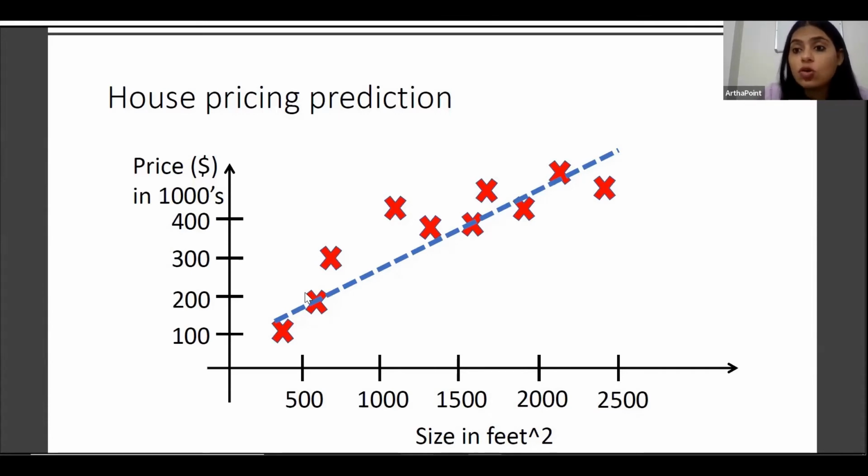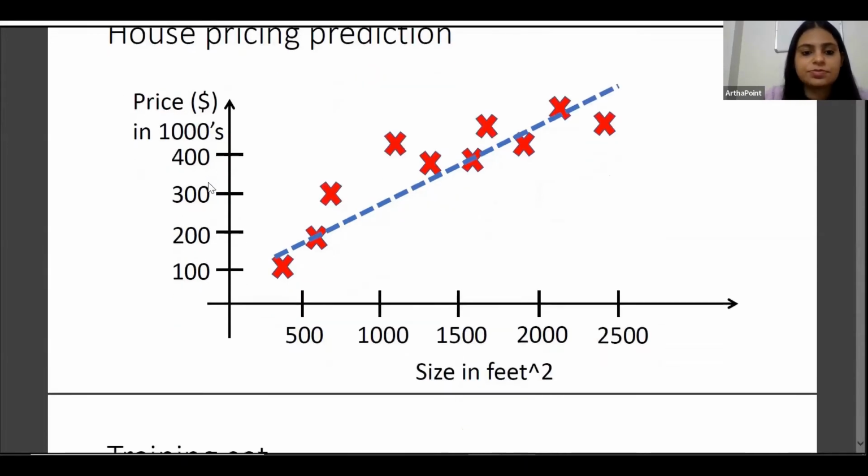That would be so much overfitting of the model. So we ask the machine to give us a best fitted line taking into consideration these points. The line tells me that there is an upward relationship between the size of the house and the price of the house. As the size increases, the price of the house also increases.